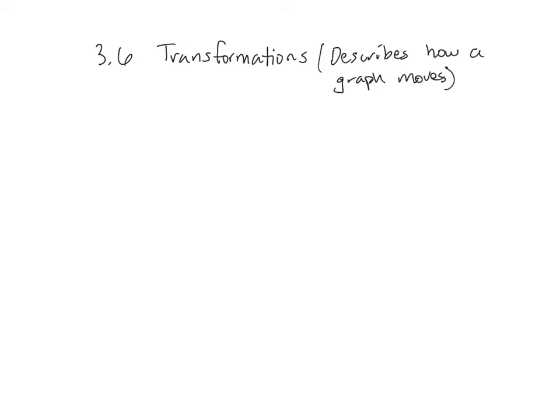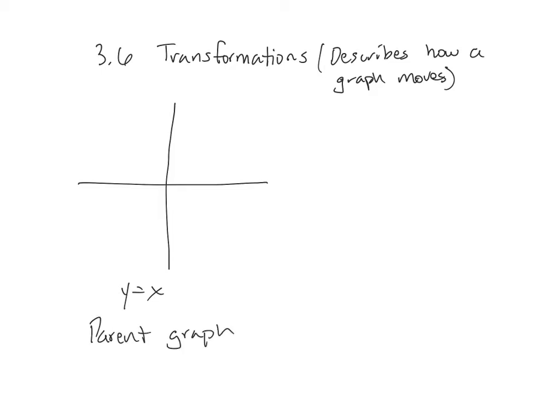So if we had the graph y equals x, okay, and this is what's called a parent graph, because there's no numbers.